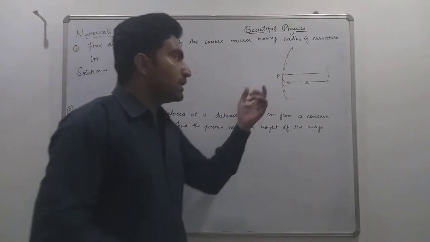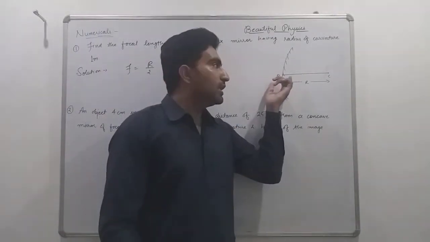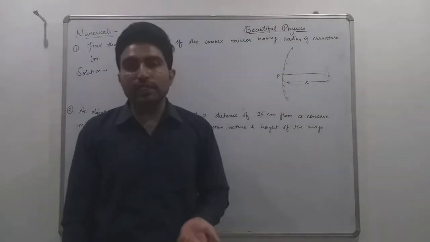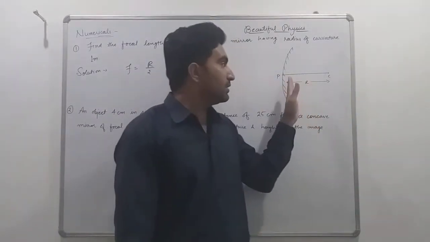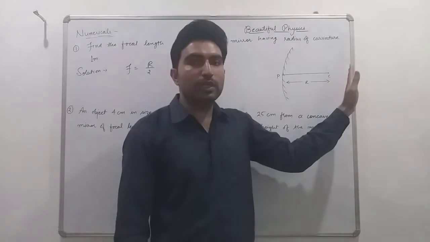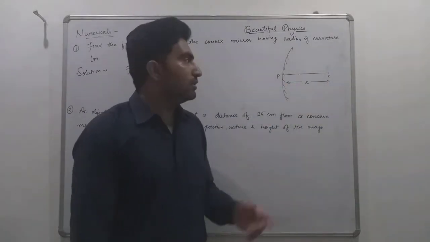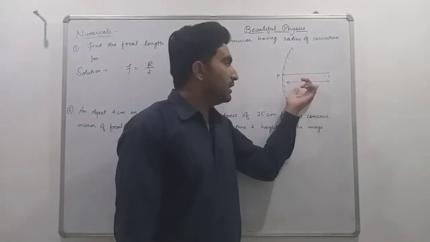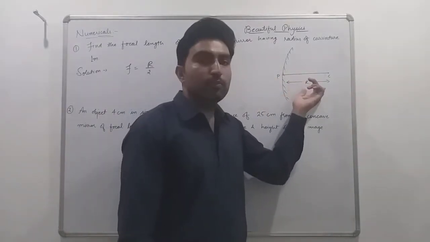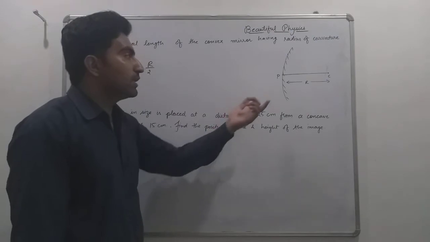We know that all the distances are measured from the pole, and according to the new Cartesian sign conventions, the distances measured towards the right side of the pole are positive and towards the left side of the pole are negative. So here the radius of curvature is a positive quantity for a convex mirror.